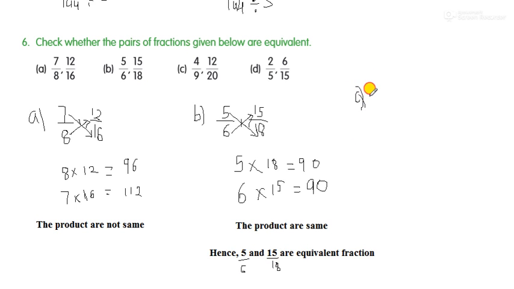Next the C bit is 4 by 9, 12 by 20. So here 4 into 20, 9 into 12.